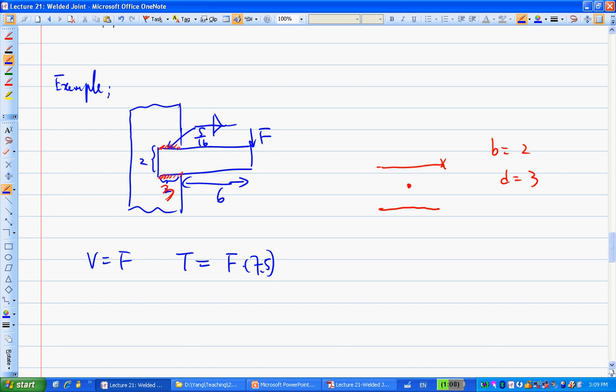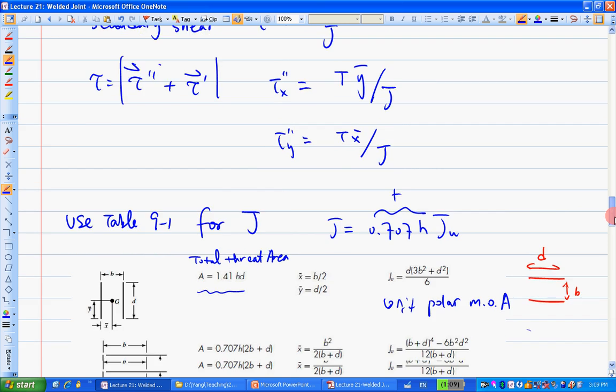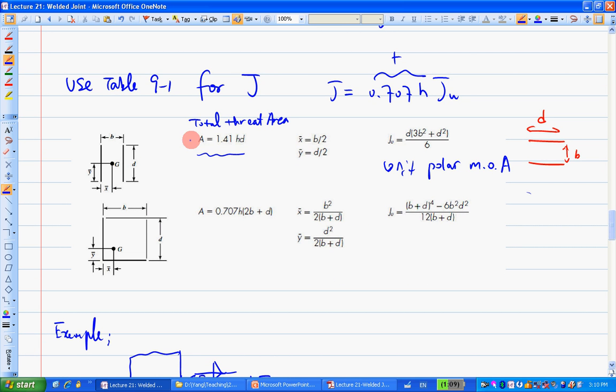So then, at that location, first the primary shear, tau prime equals V over A, equals F over the total throat area. So what's the total throat area? You can look at this table right here. This value here.